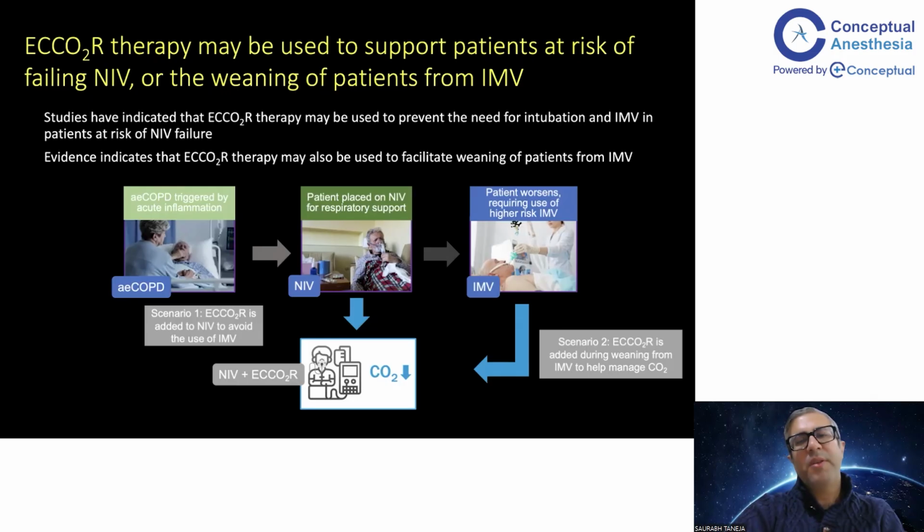Then there is a subset of patients who are already intubated. You try to wean them off. You realize that the CO2 is increasing when you try to decrease the ventilatory support. In this subset of patients, again, you can use extracorporeal CO2 removal so that these patients can be better weaned off from the ventilator.